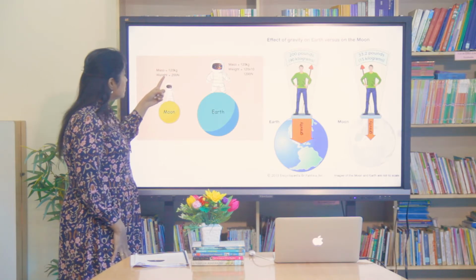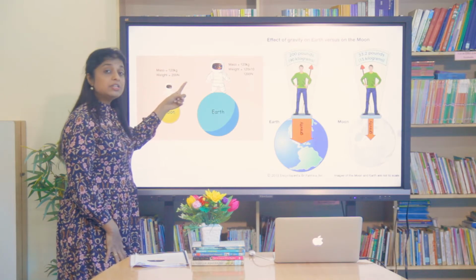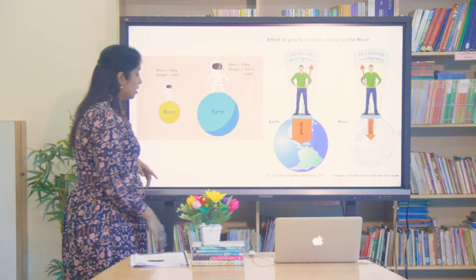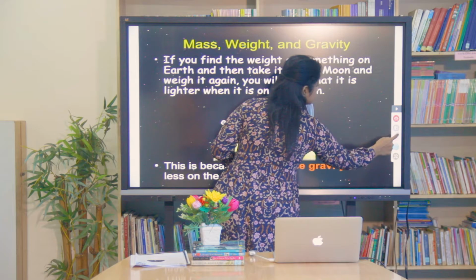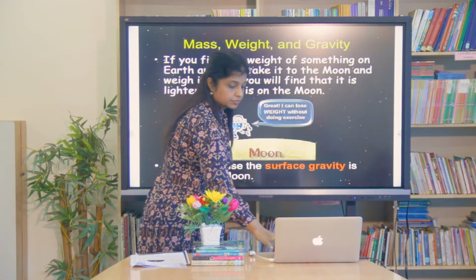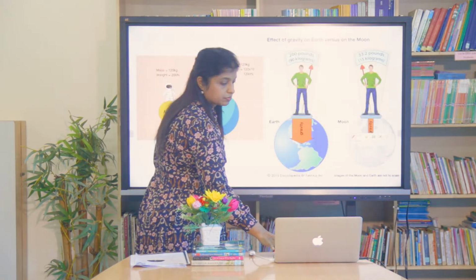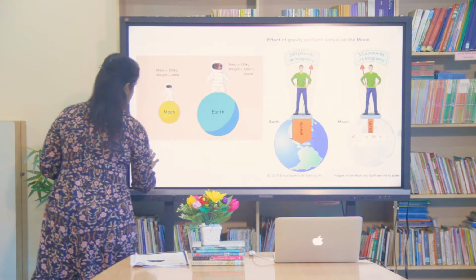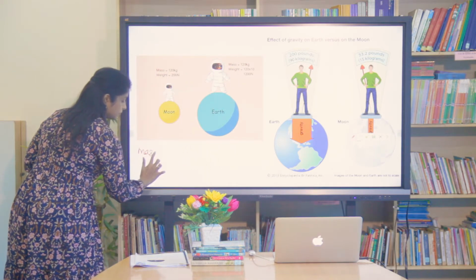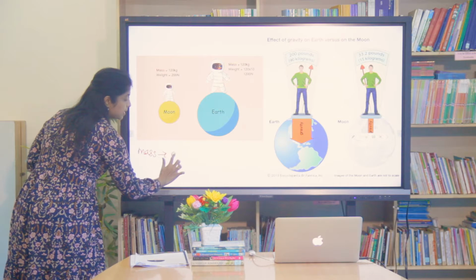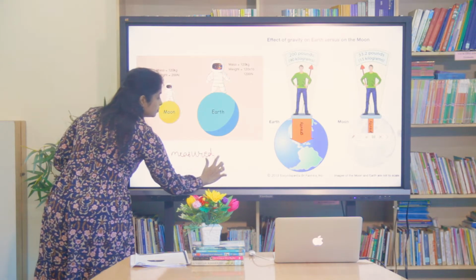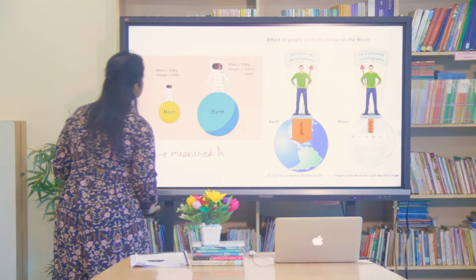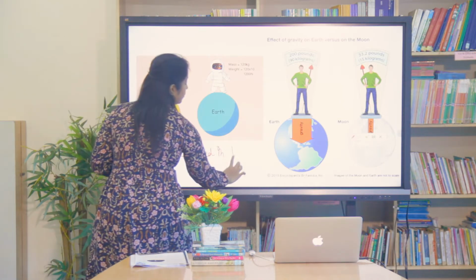And weight is 200 Newton. Remember, mass is measured in kilogram.